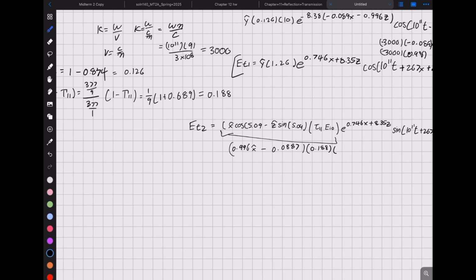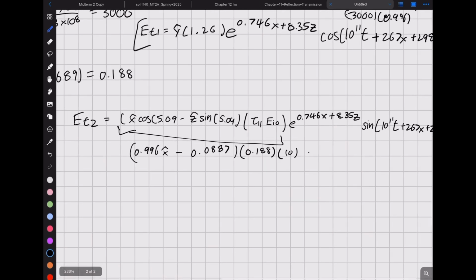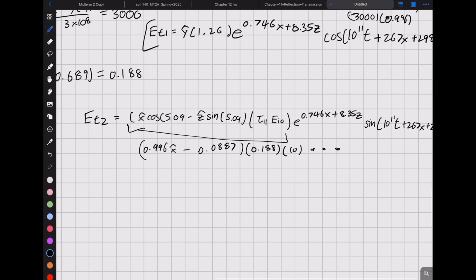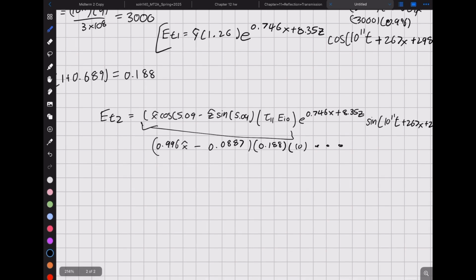E of I, that's going to be 10. And then we're going to have the rest of our term. So plugging that into the numbers, in the x we're going to have about 1.87 x hat. And then we're going to be subtracting, this is the z, let's not forget the z hat, 0.17 z hat.